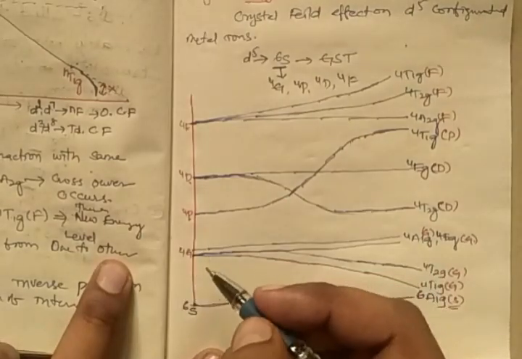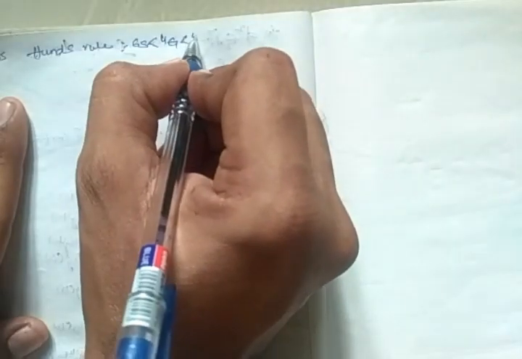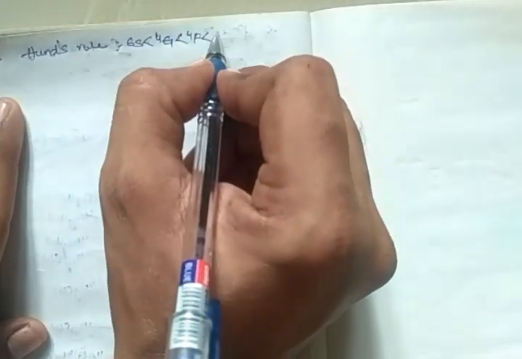As per Hund's rule, the energy order should be 6S followed by 4G, followed by 4F, followed by 4D, followed by 4P.